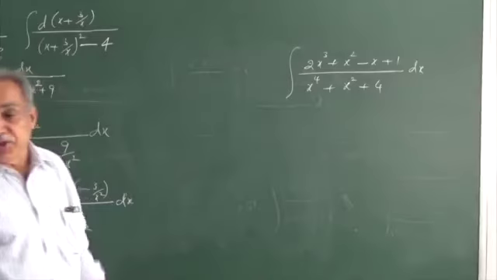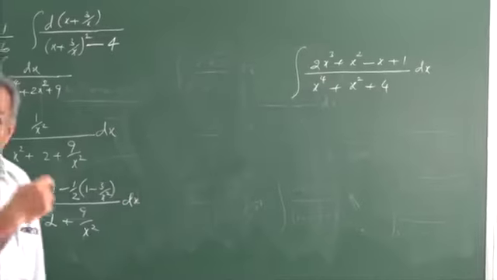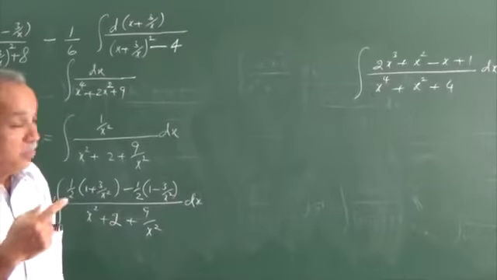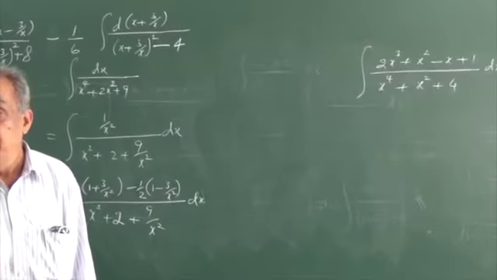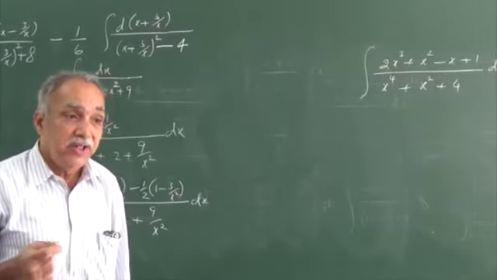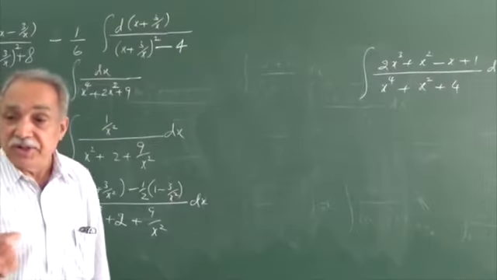A slight extension. We have the denominator in the previous form, ax to the power 4 plus bx square plus c, but the numerator is more complicated now. It is not a simple quadratic of the form ax square plus b, it is slightly more involved. It is a cubic, an arbitrary cubic.